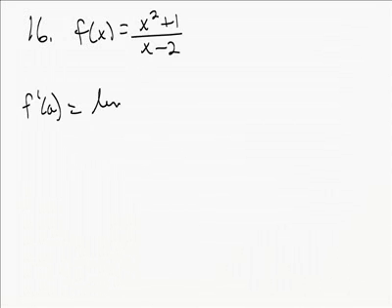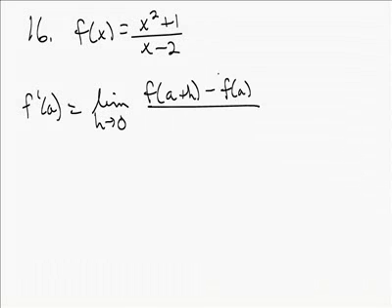We said that's going to be the limit as, not x, but h approaches 0 of f of a plus h minus f of a divided by h. Now, maybe off to the side here, let's do f of a plus h and f of a. So we'll do these separately. f of a plus h, what's that going to be?